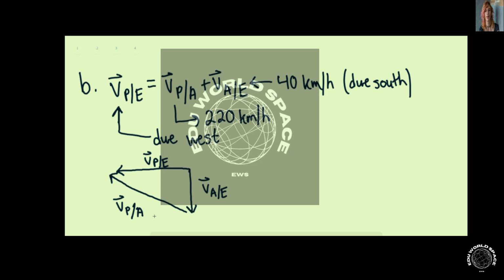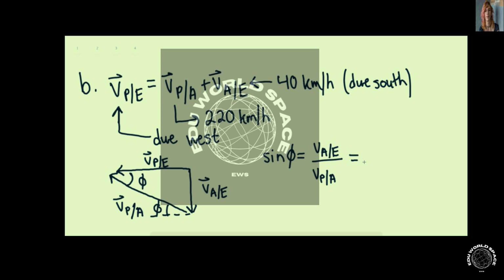We're going to choose that this angle right here is phi, and by the alternate interior angle theorem, this would also be phi as well. So we can then simply find the direction, and we can say that sine of phi would be equal to the velocity of the air relative to the Earth divided by the velocity of the plane relative to the air.